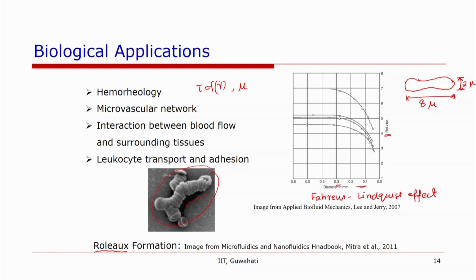All this investigation of the flow of a foreign material in the blood, or flow of red blood cells, their movement, or the movement of sick and healthy red blood cells, needs to be investigated in microfluidic devices. So, of course, there is a lot of scope for microfluidics in hemodynamics and hemorheology.